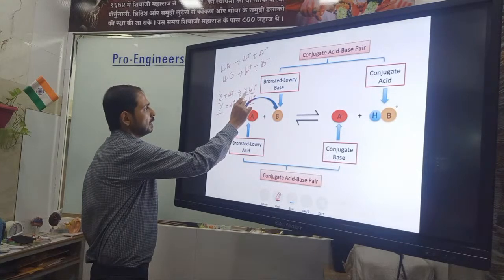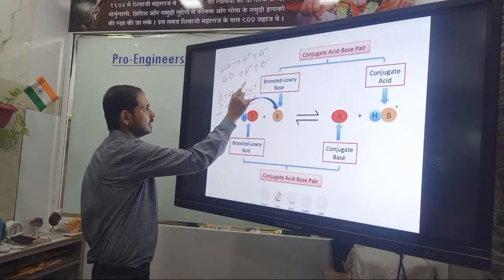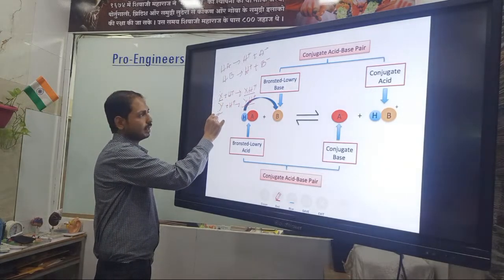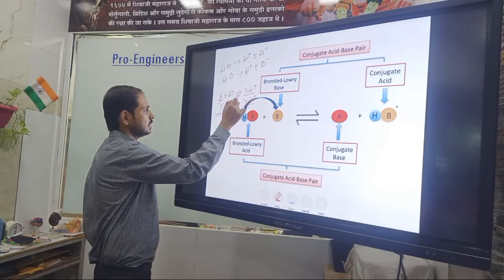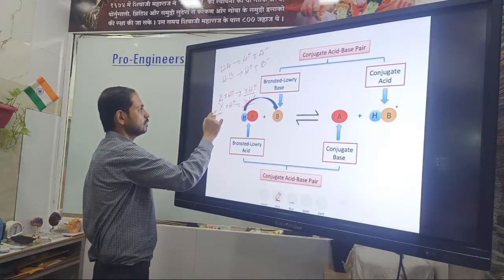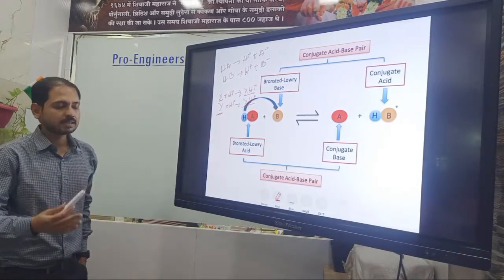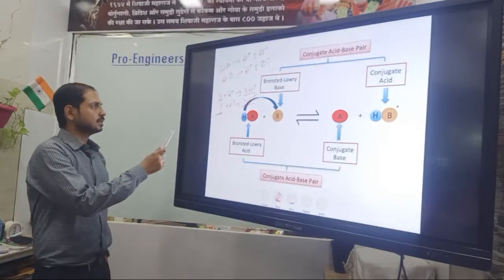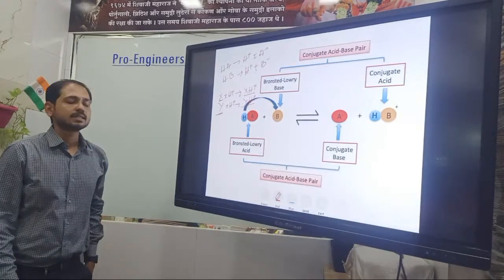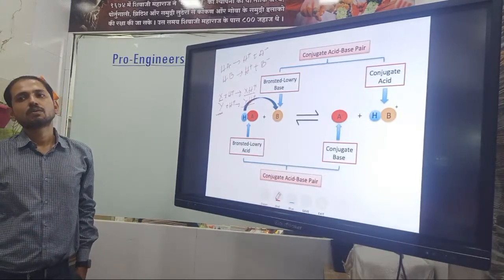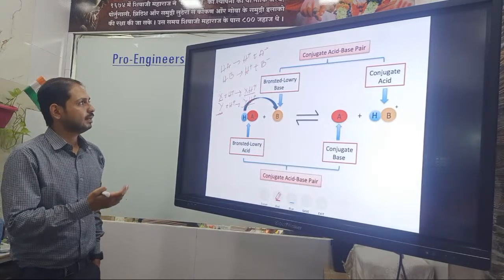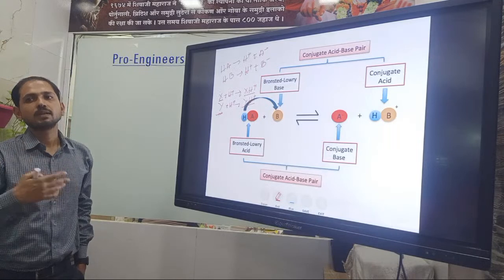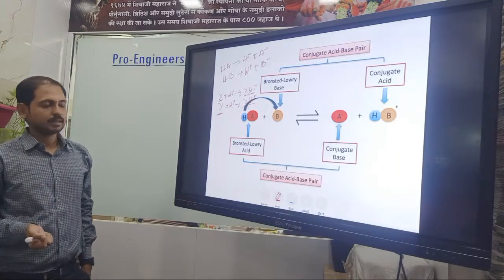If XH plus stability is higher than YH plus, then we call X a stronger base than Y. If YH plus stability is higher than XH plus, then the basicity of Y is higher than X. So the stability of the conjugate base or conjugate acid helps us compare the acidity and basicity between different types of acids and bases, right?